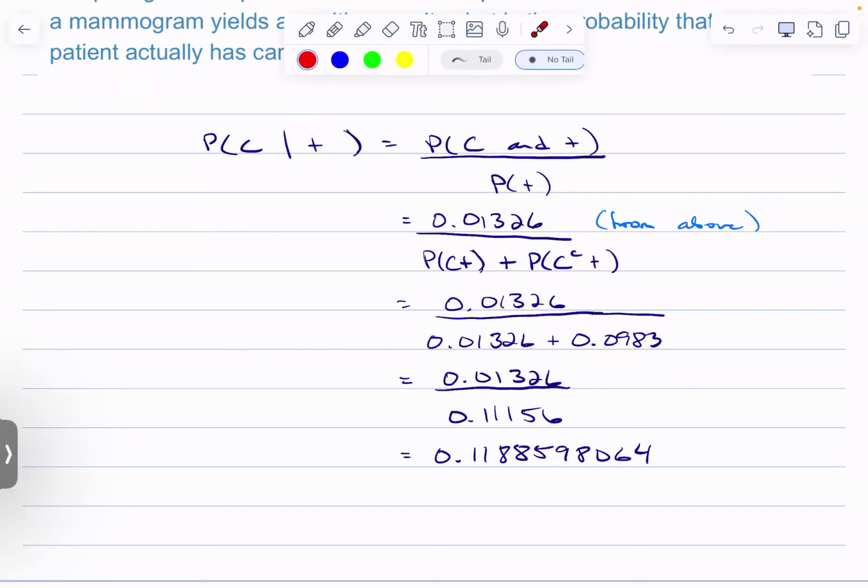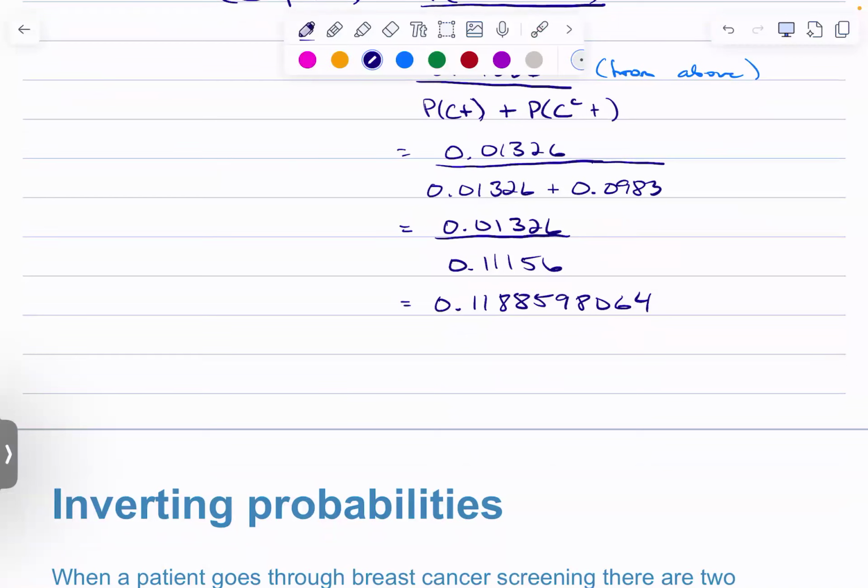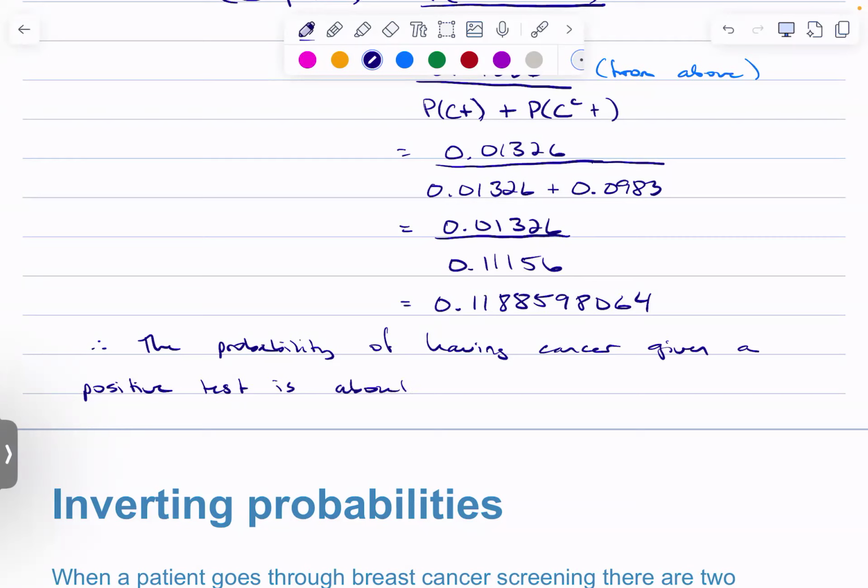Incorporating these conditional probabilities. So therefore, the probability of having cancer given a positive test is about 12%.